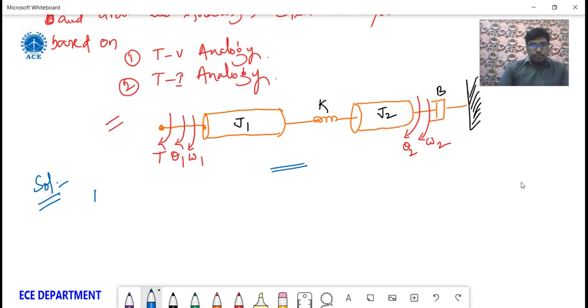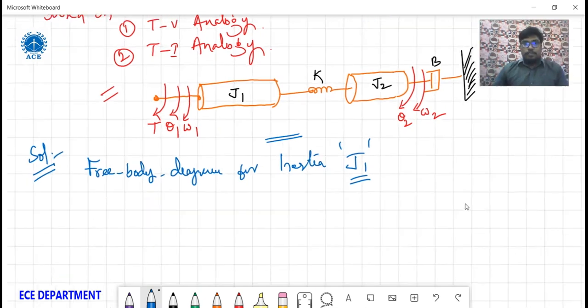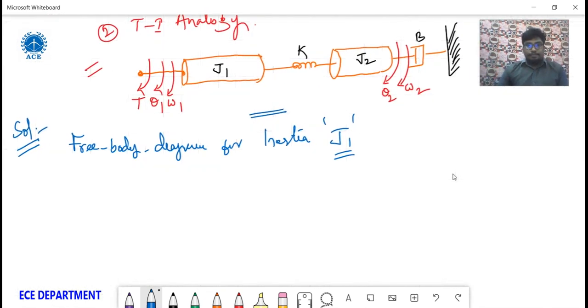So free body diagram for inertia J1. Draw the free body diagram here. Already we know the free body diagram represents this is J.